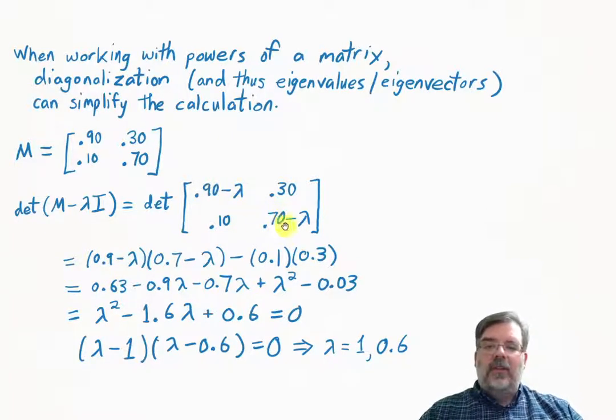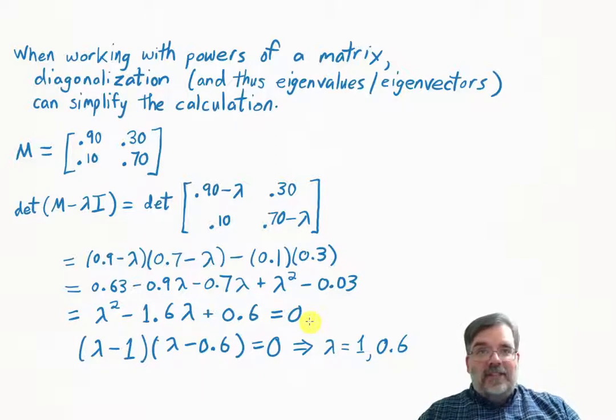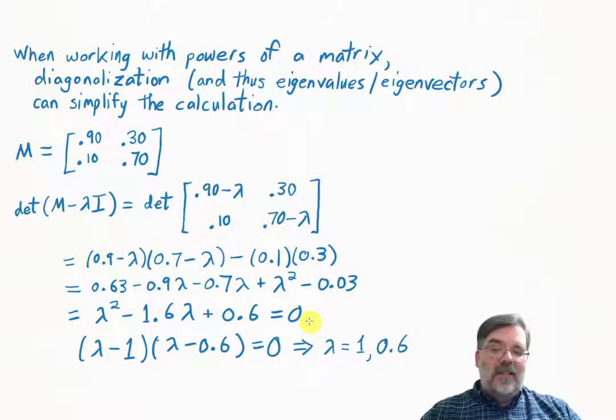That's why I wrote it differently down here. So we calculate the determinant of this matrix the same way we normally do, working with decimal values, so we just have to pay attention to where the decimal point goes. But after we expand this and then group like terms, you'll find that you have lambda squared minus 1.6 lambda plus 0.6 equals 0. And even though there are decimals in this quadratic equation, it still factors nicely.